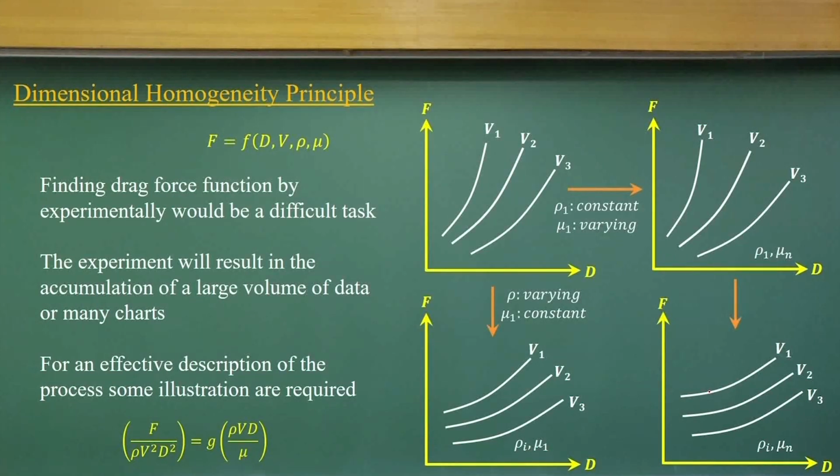That means when I conduct an experiment changing D, and with different V1, V2, V3, I keep rho and mu constant. In a similar way, I will change the other parameters, keeping the remaining parameters constant.